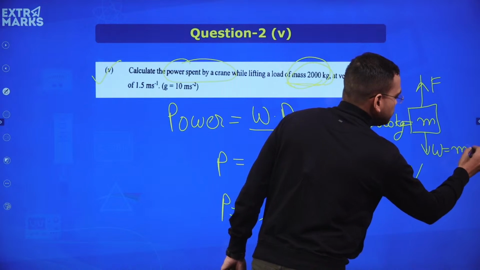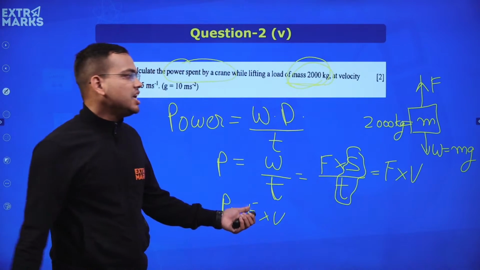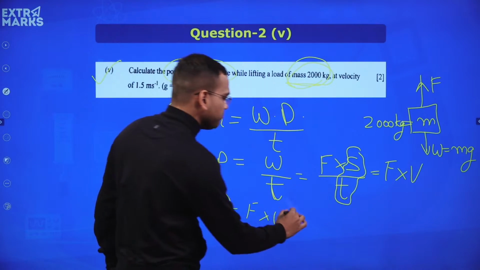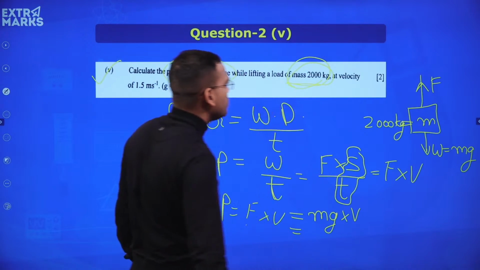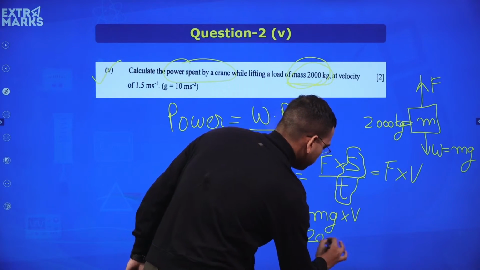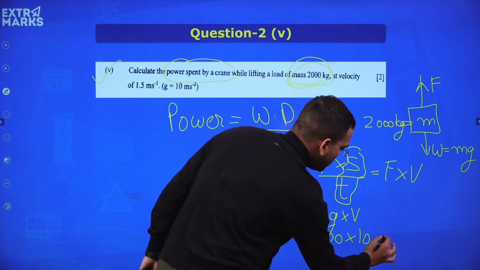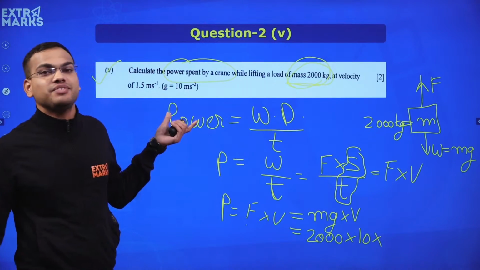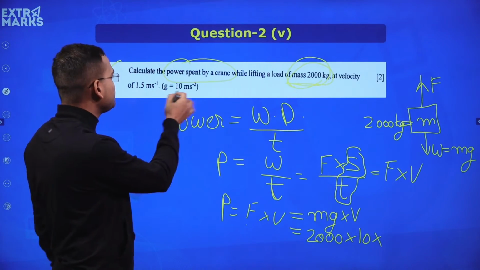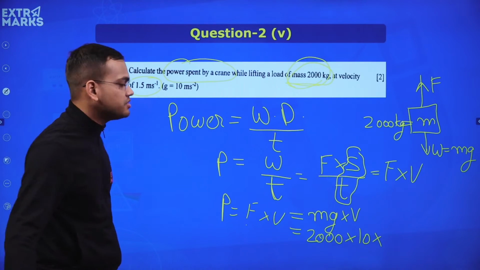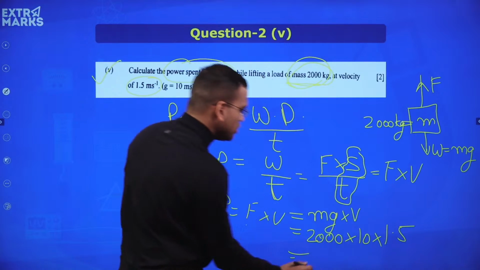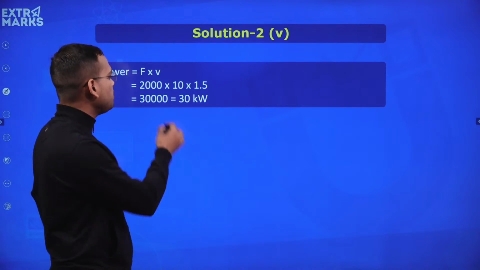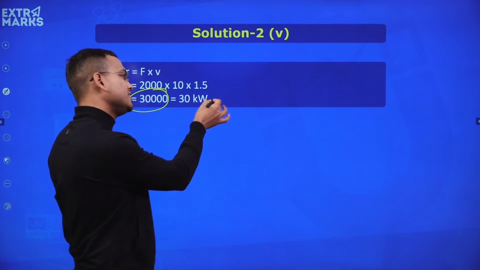That is M into G. So directly F we can put as M into G into V. Now what is the mass? 2000. G is 10. And the velocity at which this crane is raising this load is 1.5 meter per second. So while solving, you can do the calculation, it will come to 30,000 watt or 30 kilowatt.